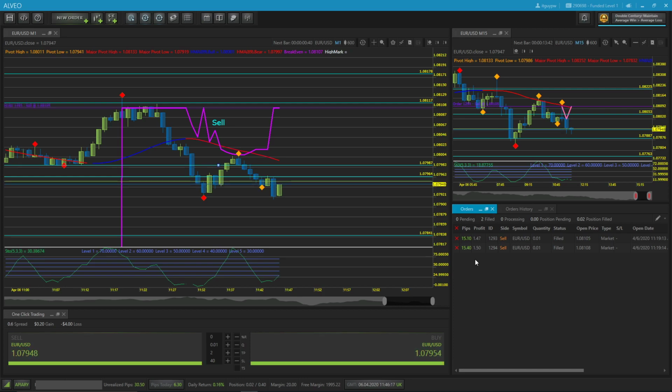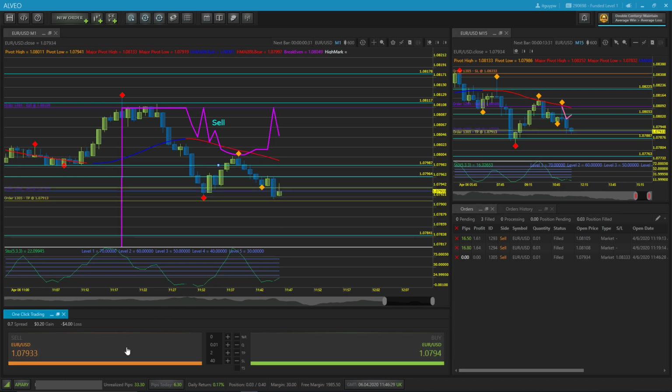All right, we're getting a little bit of a pullback. Right now I'm just looking for the best opportunity to get back in, right, for those 2 pips. What I would like is for our take profit to be above the bottom of this candle, where this candle ended, because there's a good probability that it's going to at least get back down that far.